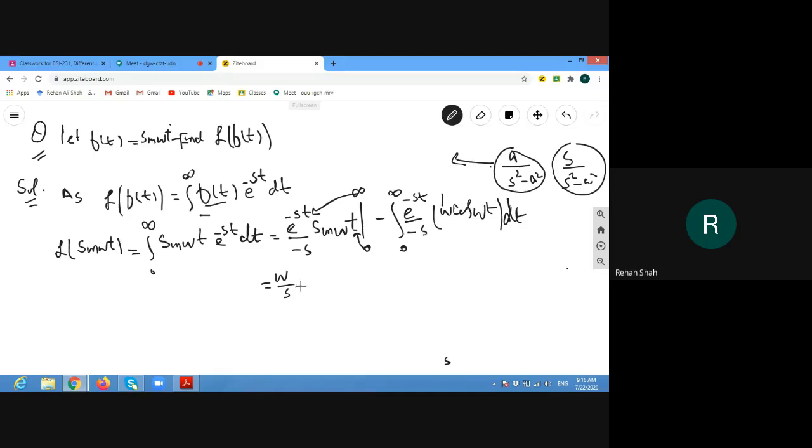Omega divided by s, integral 0 to infinity, cos omega t e power minus st into dt. So again integrate this, you will get omega by s.